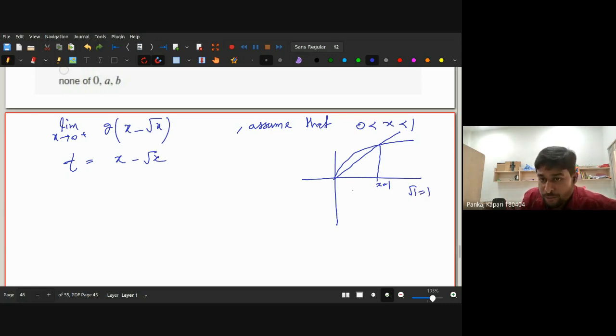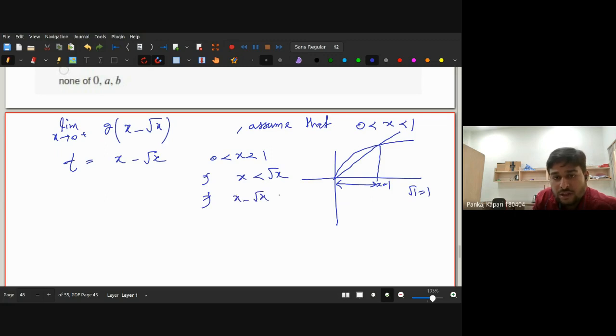When your values of x lie in the open interval 0 to 1, the root function is greater than x. That is, x is less than root x. So this says that x minus root x is negative.